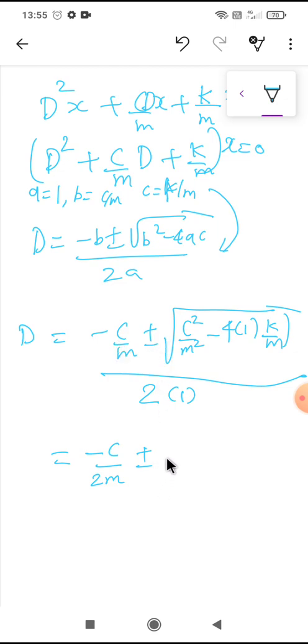If I want to bring this 2 inside the square root, then we need to square this 2.